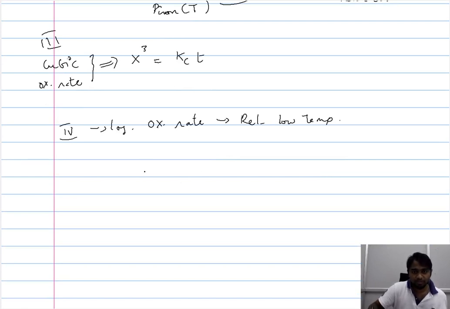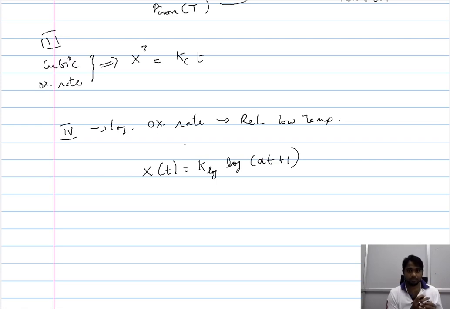It is of this form, wherein the thickness of the metal oxide at a given time t, in a material that is oxidizing under the logarithmic oxidation rate, is expressed as K log, which is the constant of proportionality, times log (A t plus 1). So this is the characteristic expression for the logarithmic oxidation rate, wherein a metal is oxidizing at a rate wherein the thickness at a given point T is given by this expression.